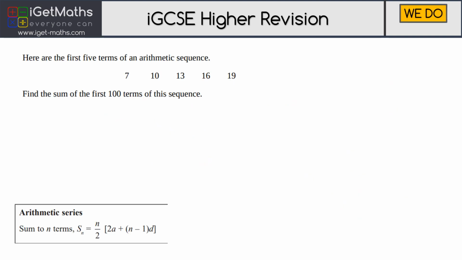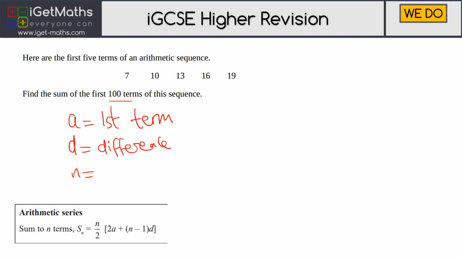Here are the first 5 terms of an arithmetic sequence: 7, 10, 13, 16, 19. Find the sum of the first 100 terms of this sequence. So remember, you're going to get the formula on your front sheet where A equals the first term, D is your common difference, and N will equal what you're looking for, which is 100.